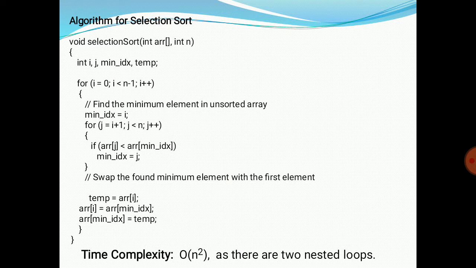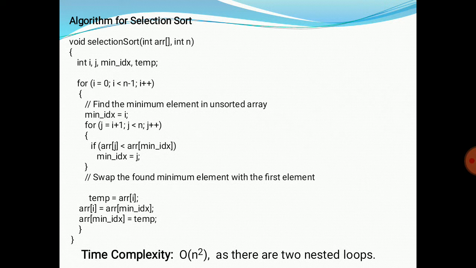The inner loop runs from the second to the last element. And the first element is continuously compared with all the remaining elements of the array until the minimum element is found. And when the minimum element is found, the value of minimum index becomes the location of that minimum value.